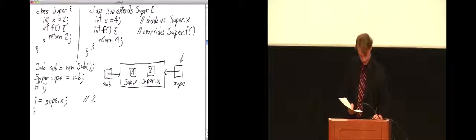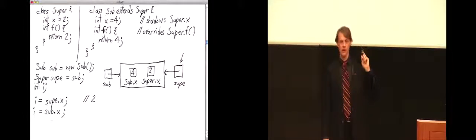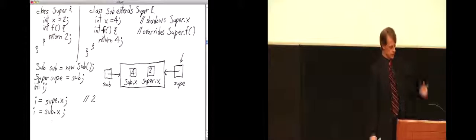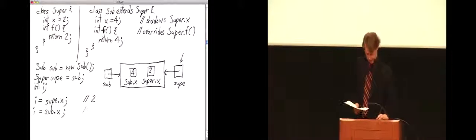If I write i equals sub.x, well, sub has a different static type. It has the static type of the subclass. And so it's going to look at the subclass version of X, because the subclass version of X is shadowing the superclass version, essentially hiding it. And so we're going to get a 4.